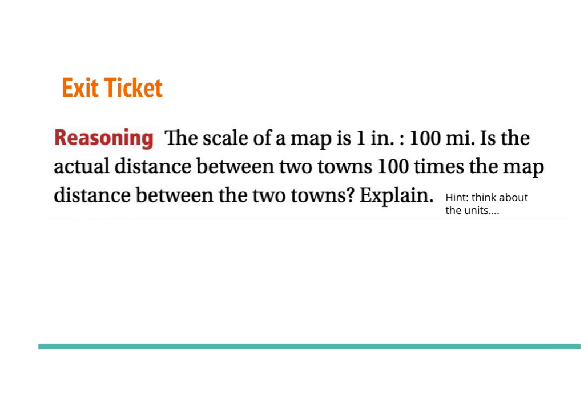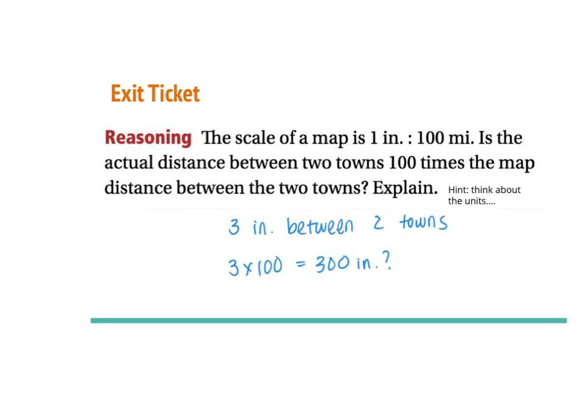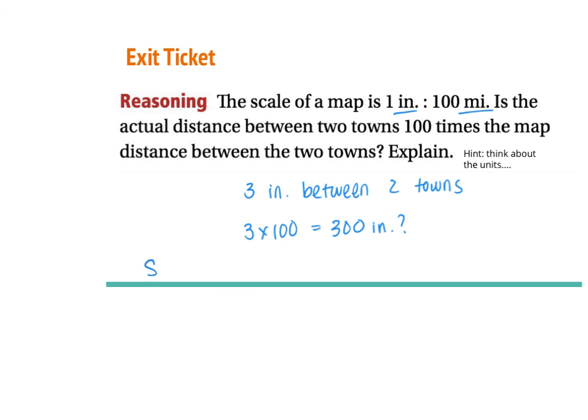So the map is going to show, let's say the map showed that it was 3 inches between the two towns. Multiplying those 3 inches by 100 would give us 300. So do you think the actual distance between the two towns is 300 inches? No, it's not. Why? Because they changed units. So in your explanation, you should have had somewhere that scales can be with different units.